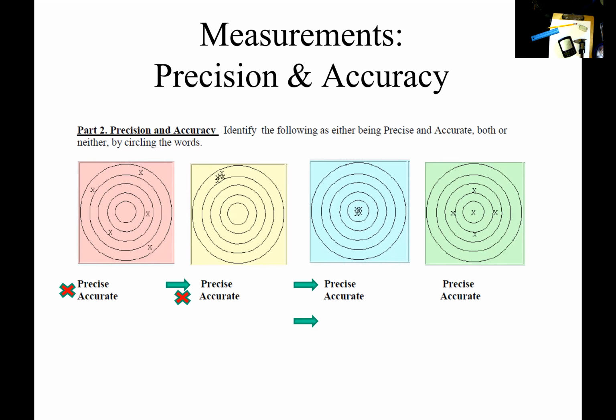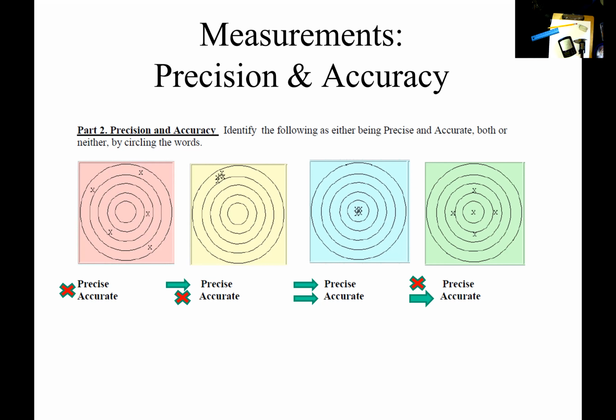Here, that's both. This is your dream target, right? This is your dream data that you shoot right in the middle, and all your data points or your shots are very close together. And then finally, the data points or the shots are far away from each other, but on average, they're right in the middle, so it's accurate but not precise.